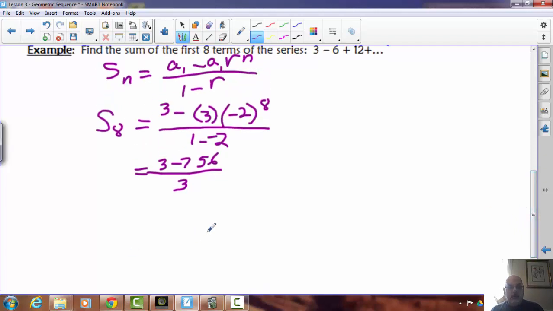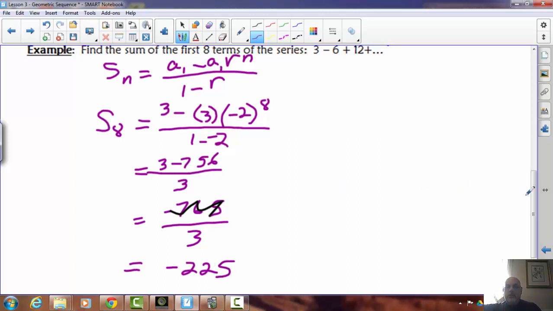So when we combine the like terms in the numerator, we wind up with -765 over 3, which equals -255. So -255 is the sum of the first 8 terms of this geometric series.